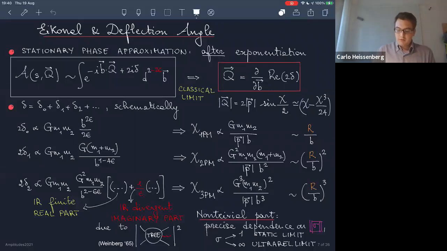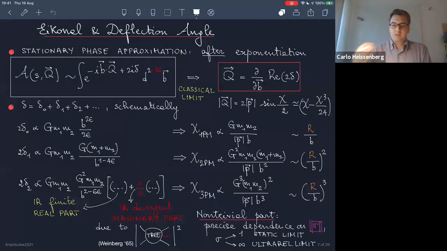Now, once one has determined this capital Q, it's very easy to determine the deflection angle we are after. So here I'm just giving a schematic form of how the dimensionful quantities arrange themselves in this type of calculation at the first few PM orders. And indeed, for instance, the 3PM scattering angle will be proportional to r over b cubed.